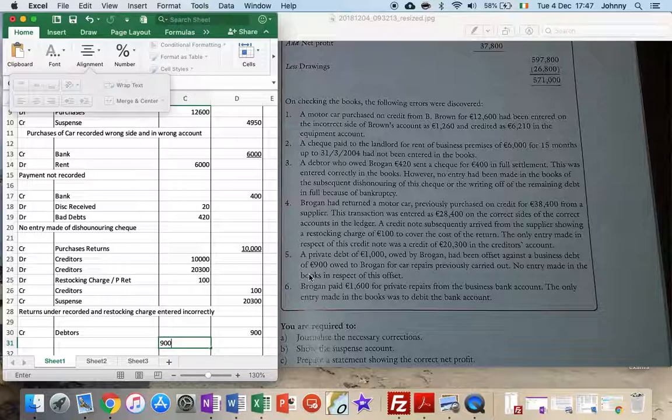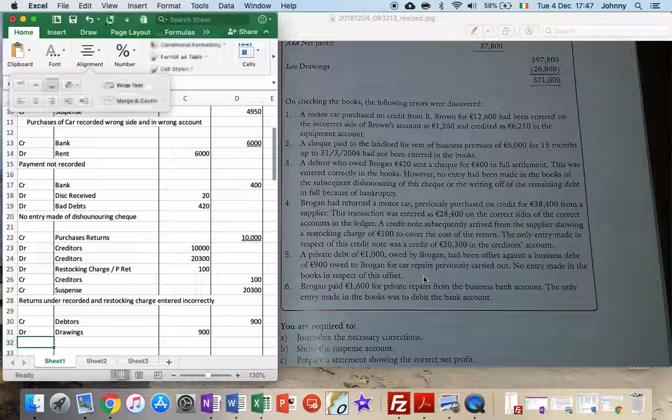So that's 900 on the debit, so we'll call that drawings. The fact that the debt itself was more than the 900 debt is not relevant here. There's no discount involved. It might be a discount privately, but not for the business.